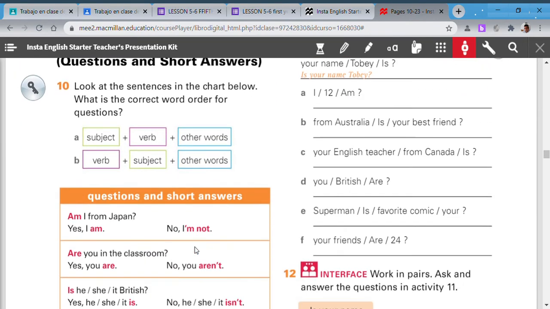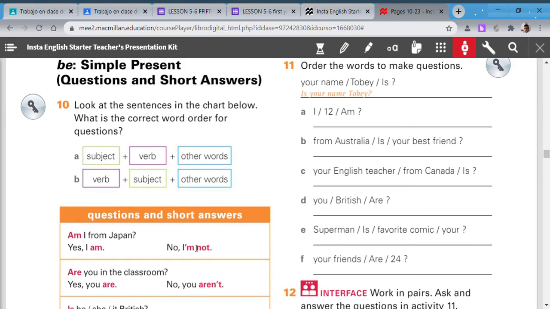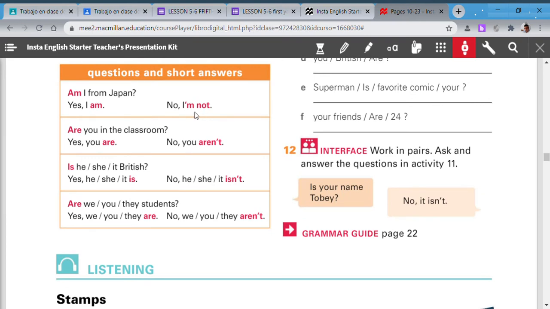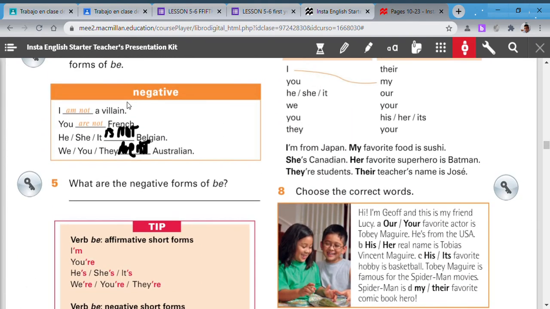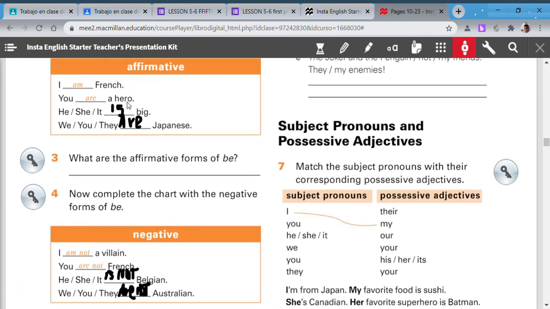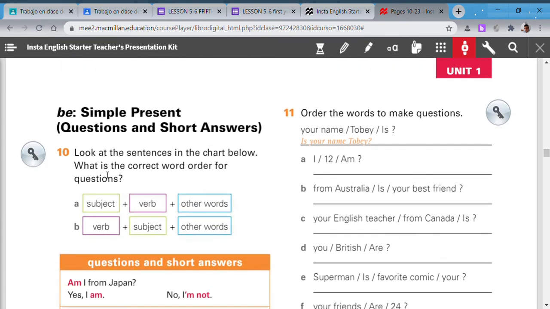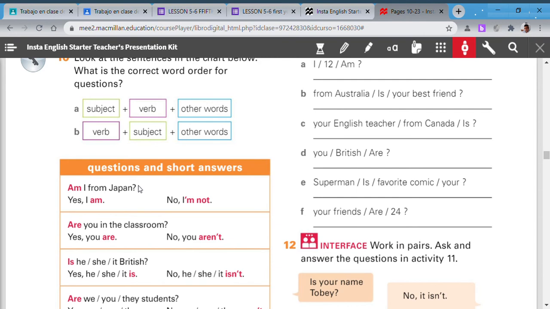Now let's see here. I have one more, questions and short answers grammar. This part is very similar to the first part. The only difference is that you change the position of the verb to be. For example, I am from Japan.